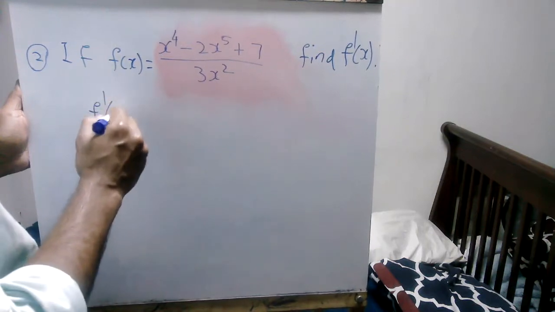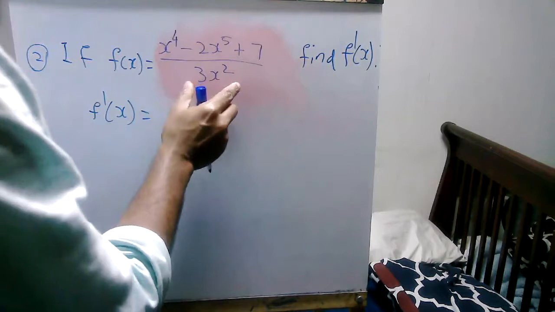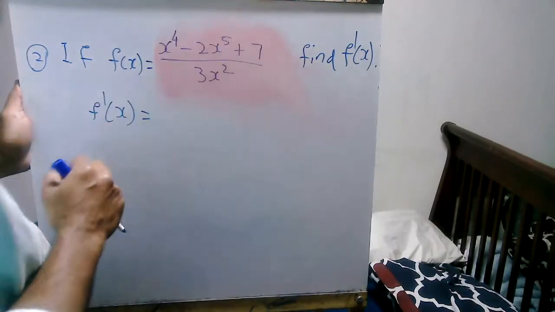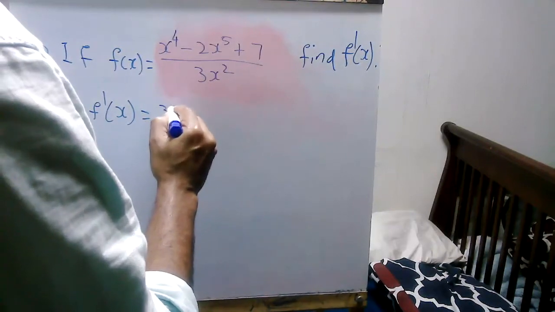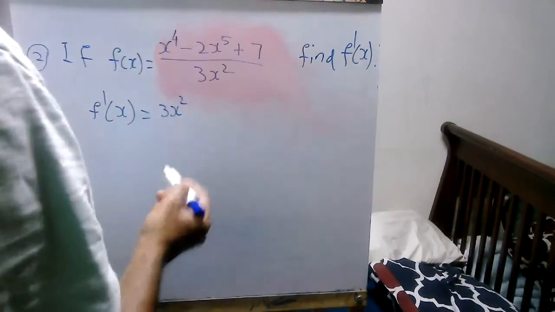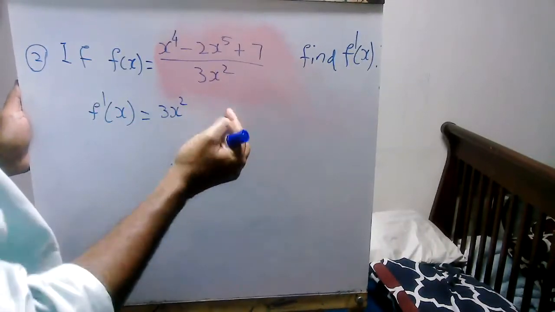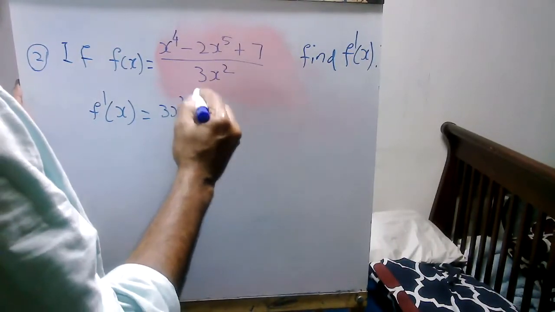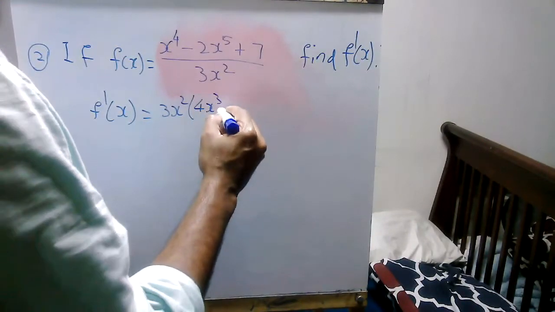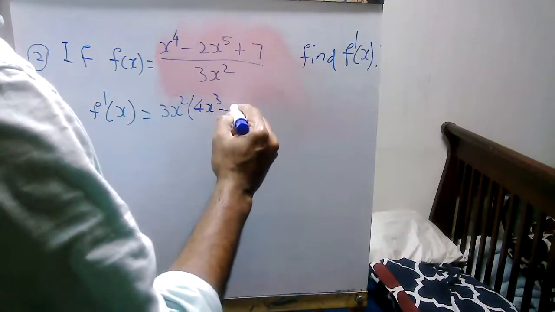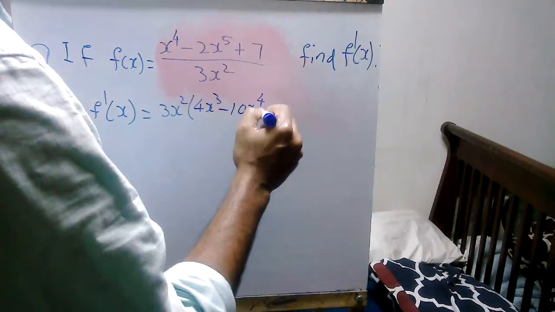F dash x equals denominator times the derivative of the numerator: 3x squared times, now I'm gonna write the derivative of the numerator here, which is 4x to the power 3 minus 10x to the 4.